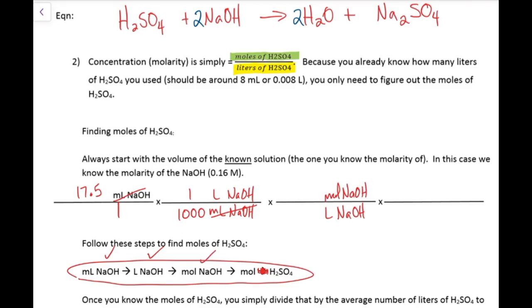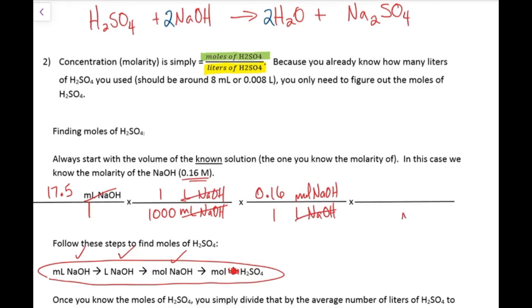Where does this relationship come from? Or what is this relationship? Okay, so we should have said from our molarity, we have 0.16 moles per 1 liter. Okay, and then from moles of NaOH, I'm going to go to moles of H2SO4. And if I go back to my balanced equation, there's 1 of these for every 2 of those.